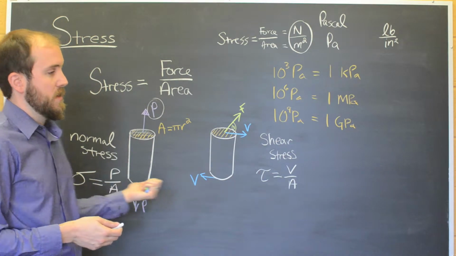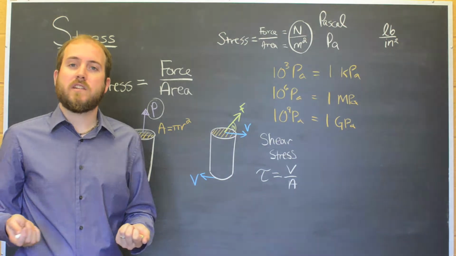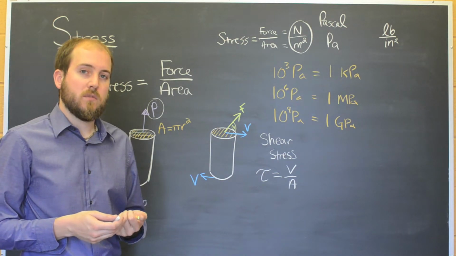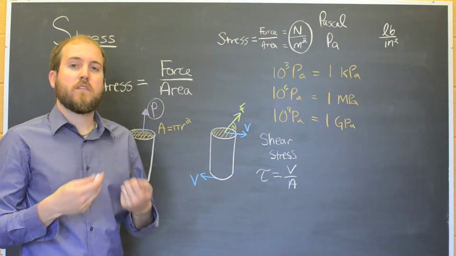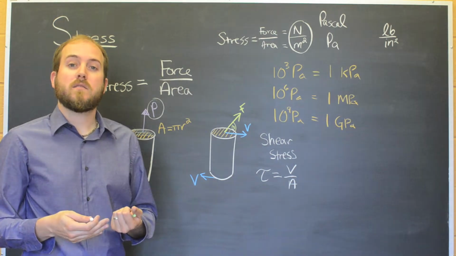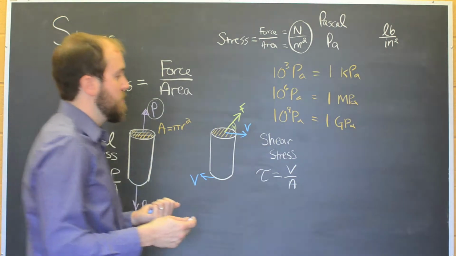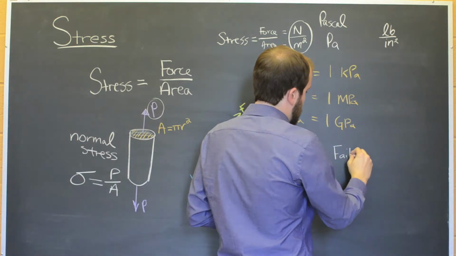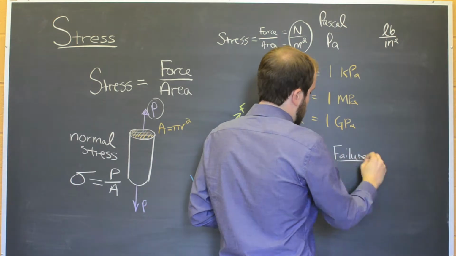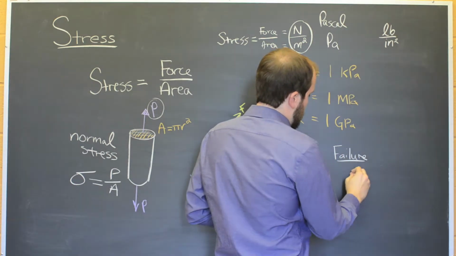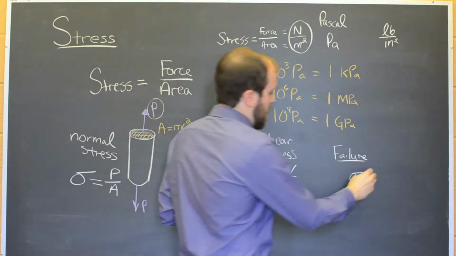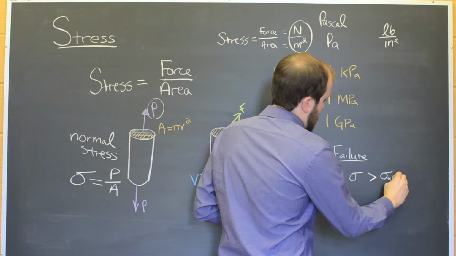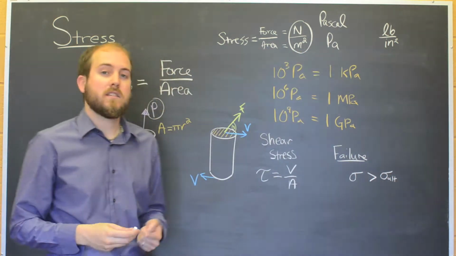So now we know what a stress is, and why is it important to engineers? Most materials that we design structures with have some sort of failure point that can be characterized by a stress. And so what you might see is that a material will fail when the applied stress is greater than some ultimate stress.